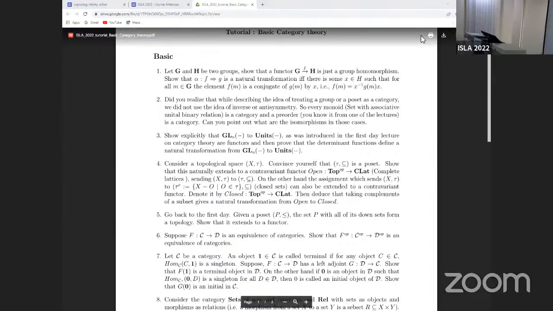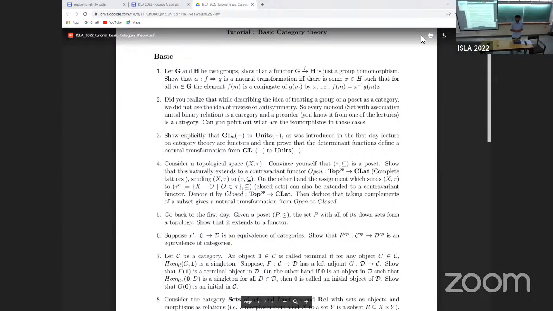In a group, you have an associative binary operation, which is also there in a monoid. But in a monoid, you do not have the idea of an inverse to every element. An element might have an inverse, might not have an inverse in a monoid.